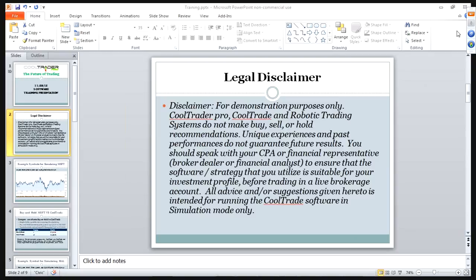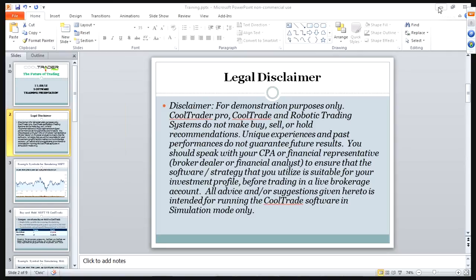CoolTrader Pro, CoolTrade, robotic trading systems do not make buy, sell, or hold recommendations. Unique experiences and past performance do not guarantee future results. You should speak with your CPA, financial representative, broker-dealer, financial analyst to ensure that the software strategy that you utilize is suitable for your investment profile before trading in a live brokerage account. All advice and or suggestions given are intended for running CoolTrade software in simulation mode. So now that everybody has that, I hope you're all excited about the stock market.